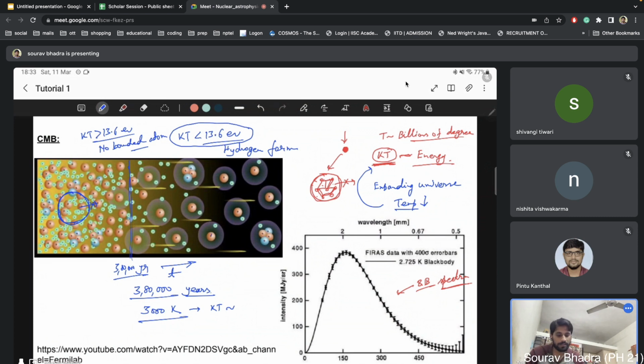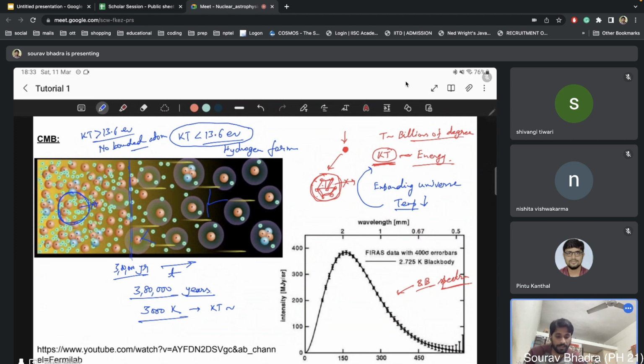You can see these are the protons and this is an electron. So formation of hydrogen happens, and these photons can leave that place, and propagate through the universe.